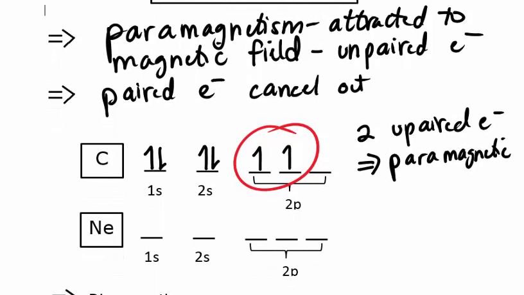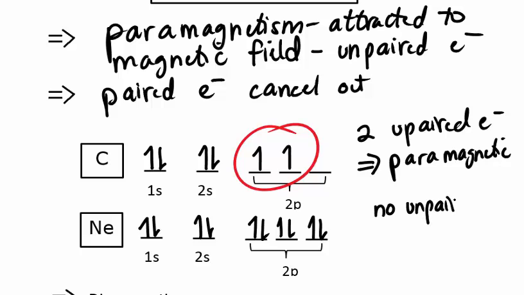Contrast that to neon. If you do the electron configuration for neon, it's got a filled 1s, a filled 2s, and a completely filled 2p. So there are no unpaired electrons. In other words, all the electrons are paired.